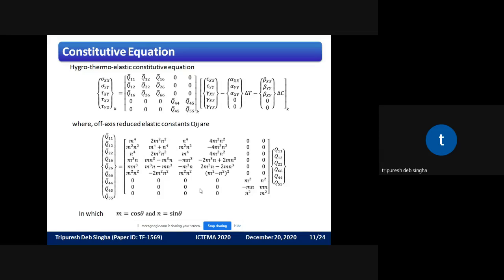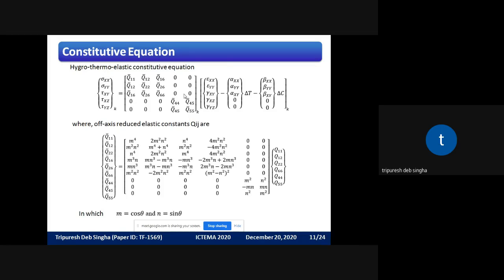Now the hygrothermoelastic constitutive equation, that means the stress strain relationship in the hygrothermal environment, is given by this formula, where sigma are the components of the stress, Q bar ij are the off axis reduced elastic constants, epsilon are the strain components, alpha are the coefficients of thermal expansion, beta are the coefficients of moisture expansion, and delta T is the change in temperature.